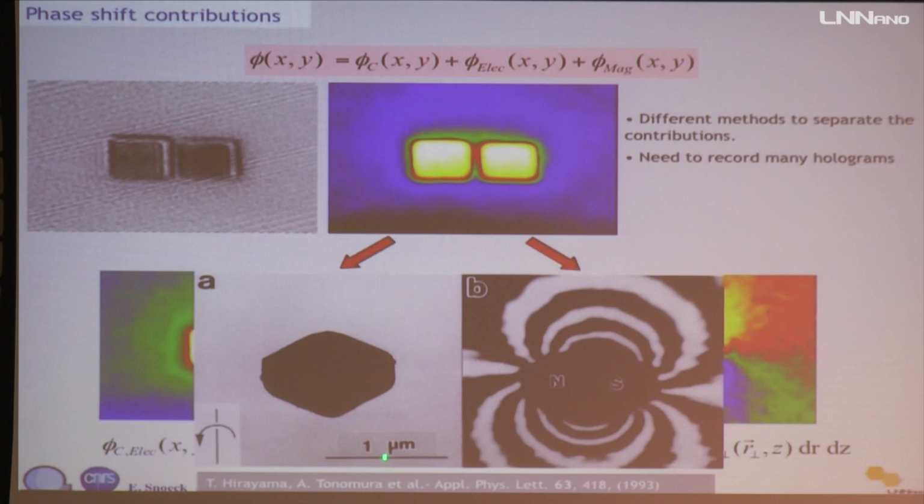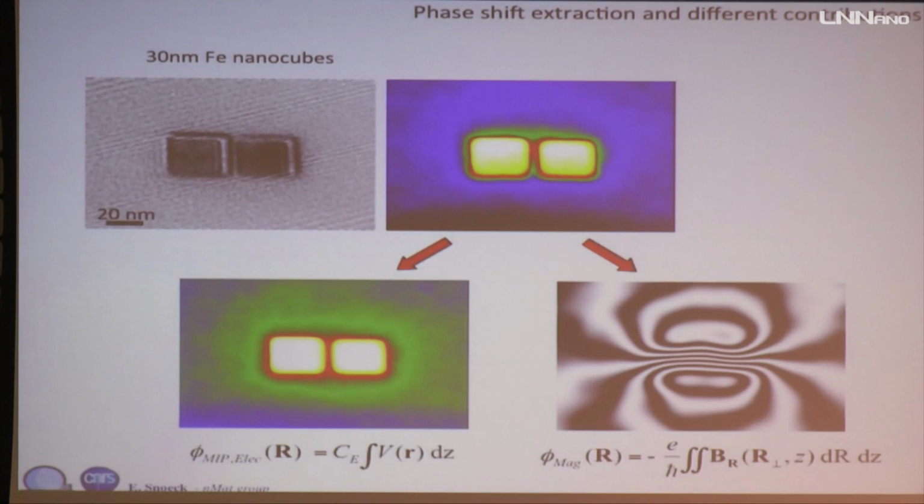That was the first result he published on the magnetic induction he observed on a barium ferrite particle, I guess, a big one, one micron. So he was not looking at the magnetization inside the particle, but at the stray field spreading out of these particles. This is something that we can do, as I said.